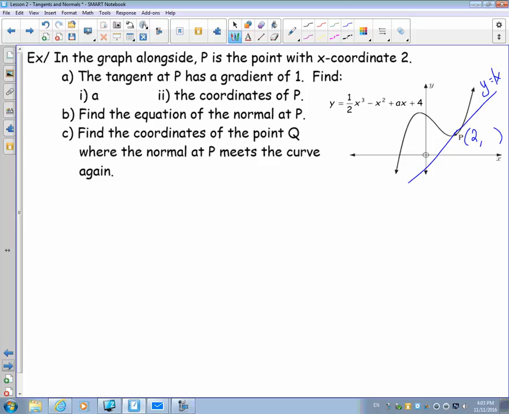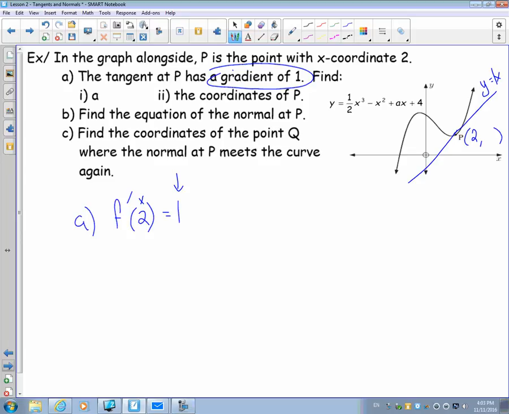How can I find a? Well, I know that I have a derivative of 1 at point P. In other words, I know that I have a derivative at 2 that comes out to 1. Okay, this was the x value we were given. We were told the gradient of 1.